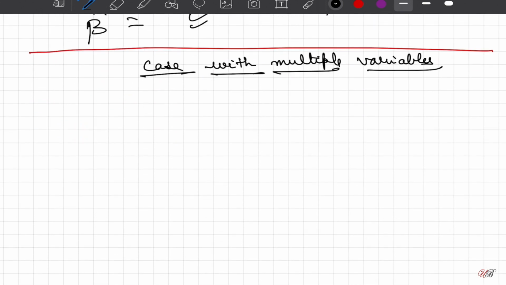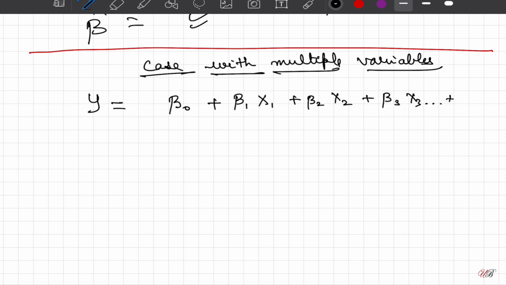Now in the case of multiple variables, let us say we want to predict y as some constant plus beta 1 times variable x1 plus beta 2 times variable x2 plus beta 3 times x3 and so on up to beta n times xn.